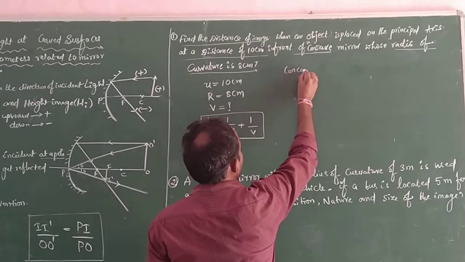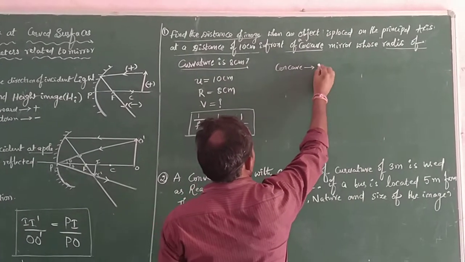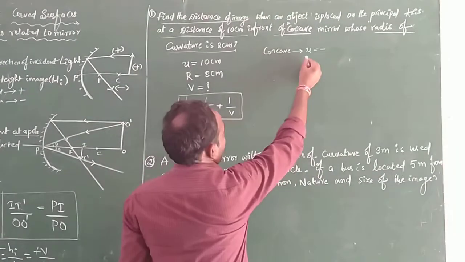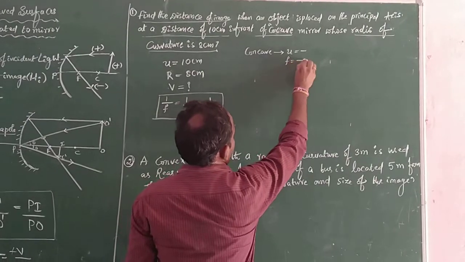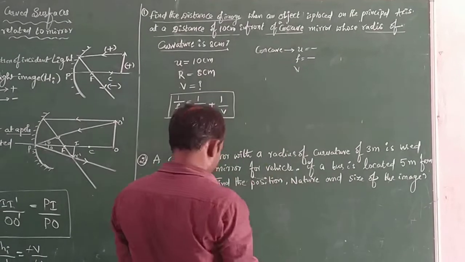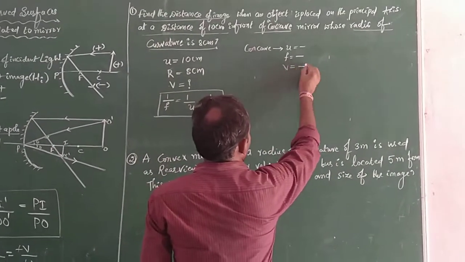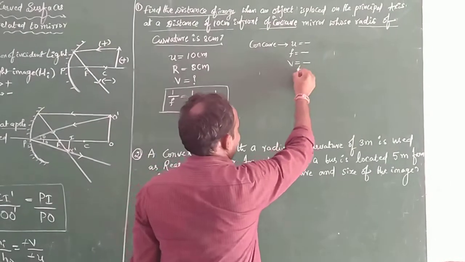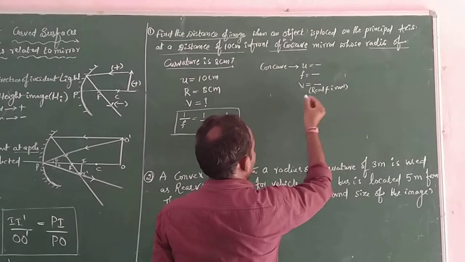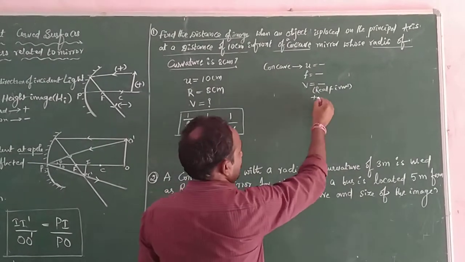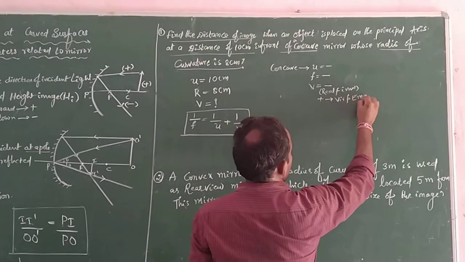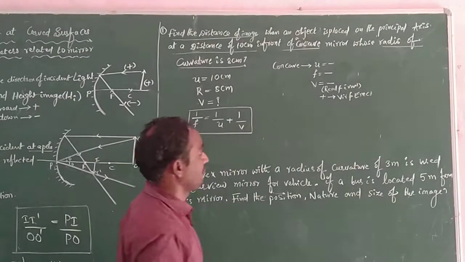According to concave mirror sign convention rules, the U value, the object distance, is always negative, and the F value is always negative. If we get a negative V value, the image is real and inverted. If the V value is positive, it is virtual and erect. Keep the sign convention rules of the concave mirror in your mind.